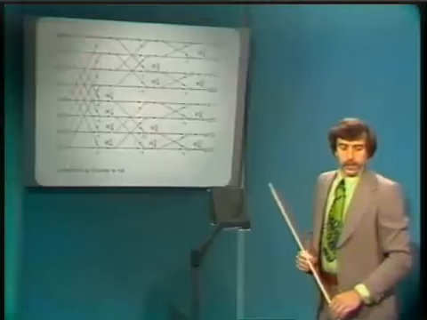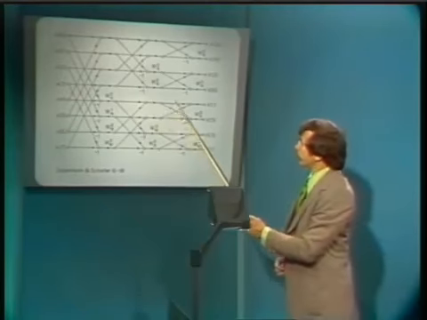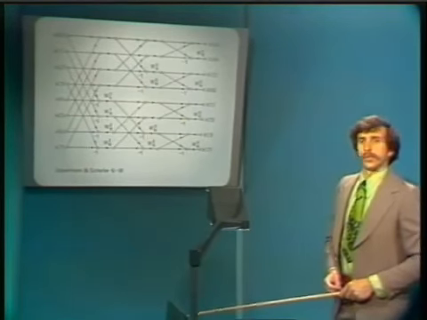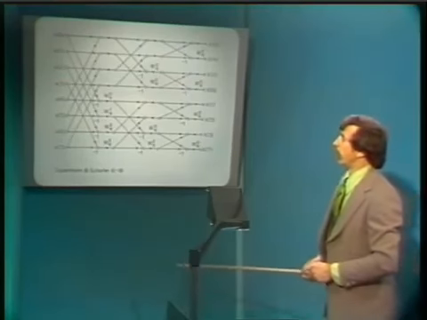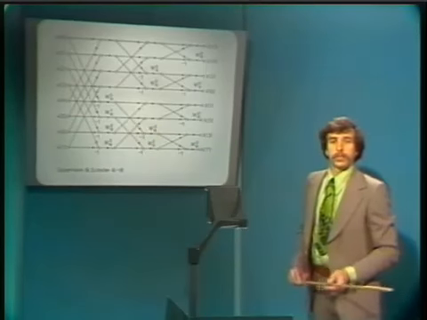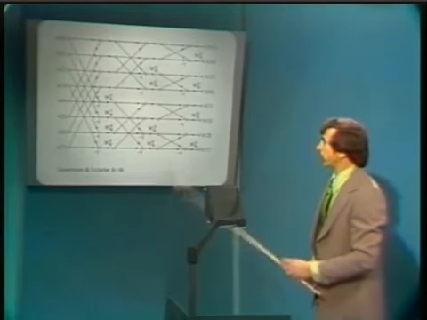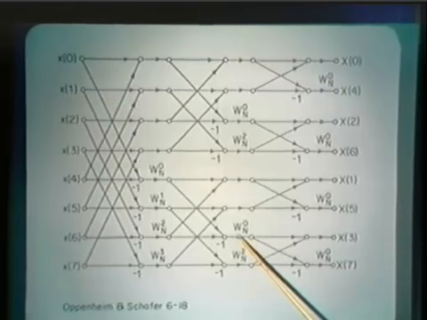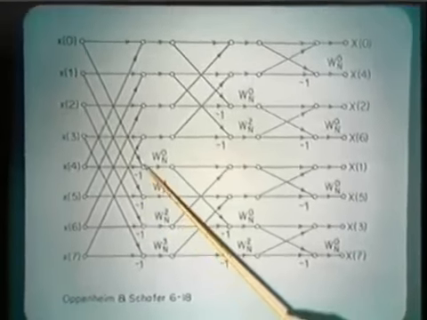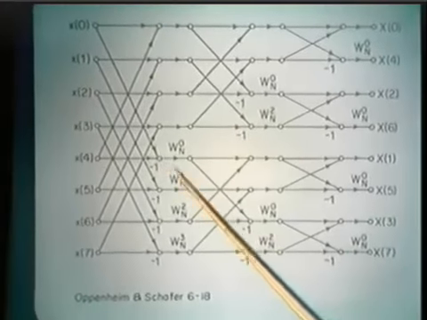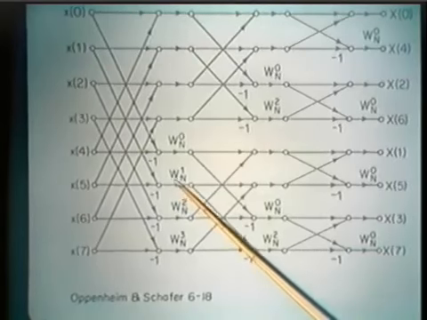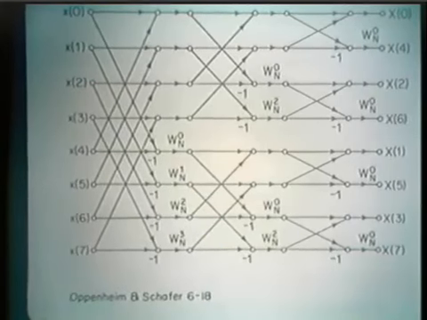Now, this is similar in a number of respects to one of the decimation in time forms of the FFT algorithm, although, as I also indicated last time, the basic structure of the butterfly computation is somewhat different. In particular, for this set of algorithms, the multiplication by powers of W is implemented at the output of the butterfly, as opposed to the decimation in time forms where the multiplication by powers of W is implemented at the input to the butterfly.